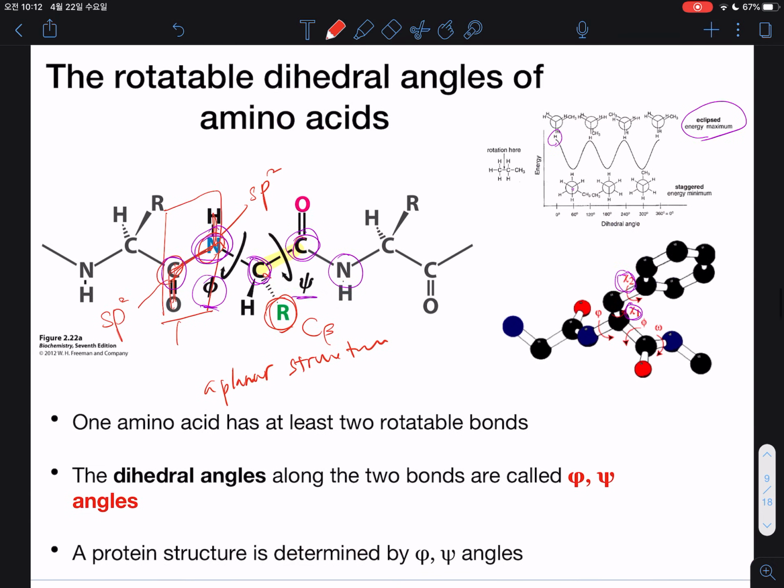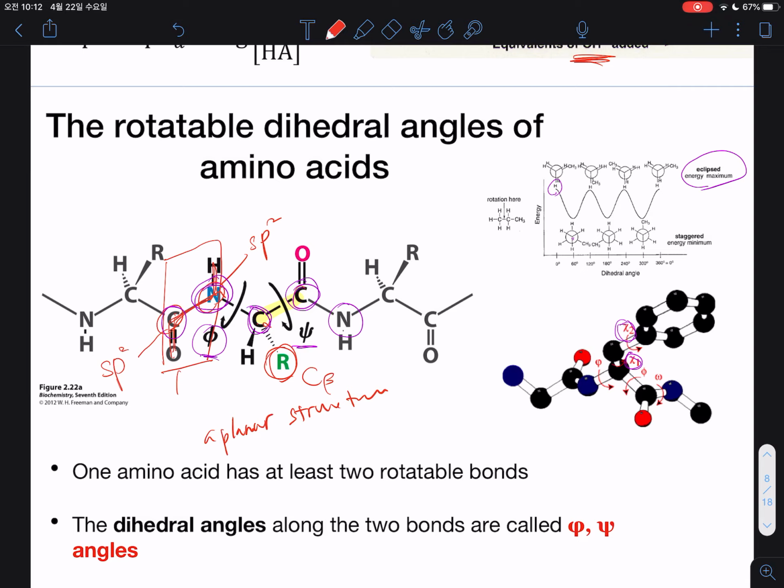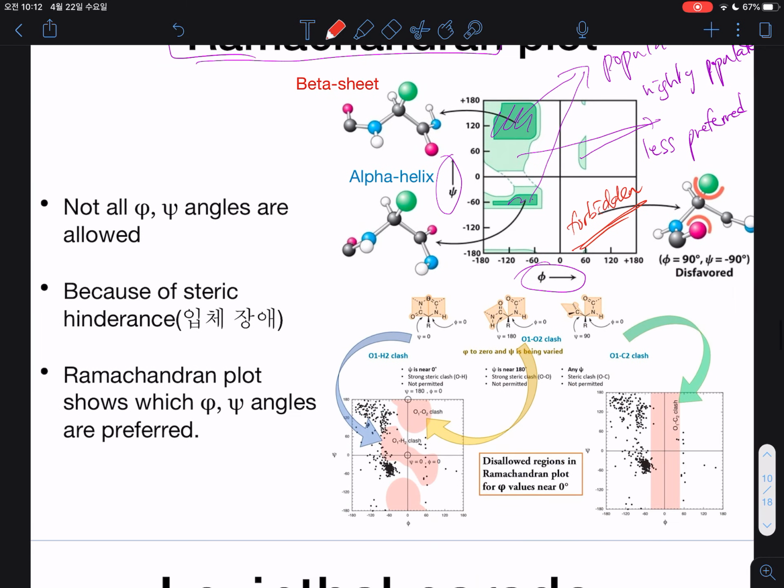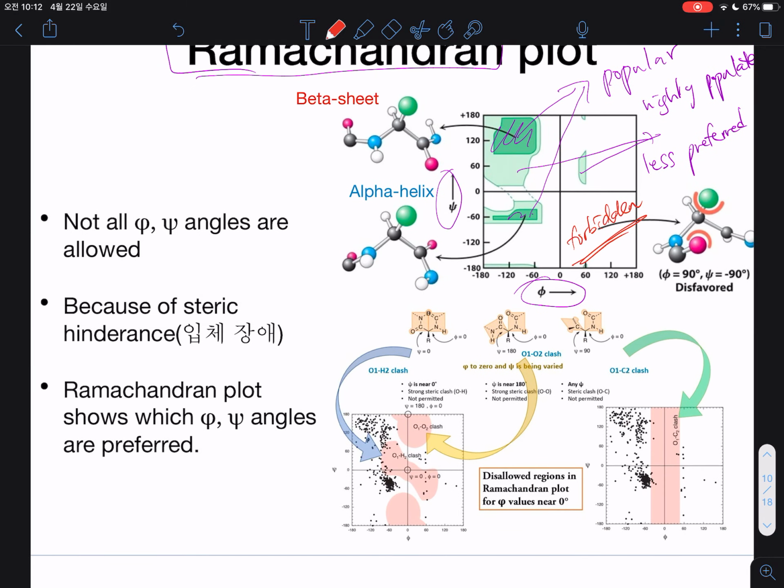Then why is there this kind of difference? As we mentioned before, the dihedral angle determines its energy, right? The eclipsed forms have higher energy, and conformations prefer to have lower energy, right? Mostly because of steric hindrance between atoms, there is a certain preference for phi psi angles.